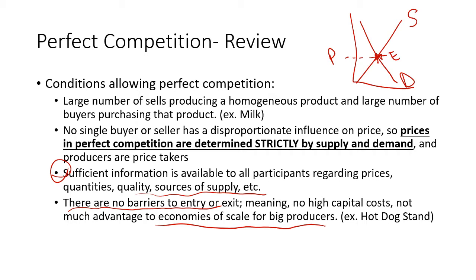Maybe an example of this would be like a hot dog stand, just standard hot dogs with bread and ketchup and mustard. To enter the market of a hot dog stand would not cost very much money. So that means there's not very much barriers to entry. And then there's no legal fees or fines to leave the market. You could just shut down your hot dog stand and leave. That's just an example of perfectly competitive.